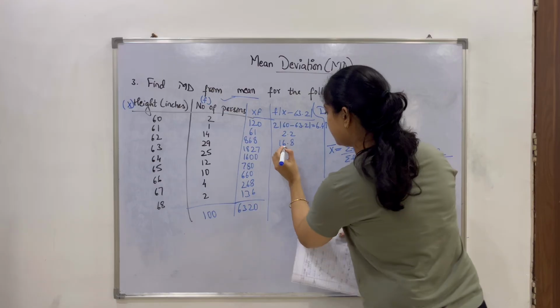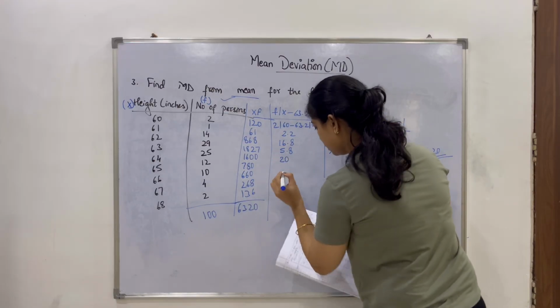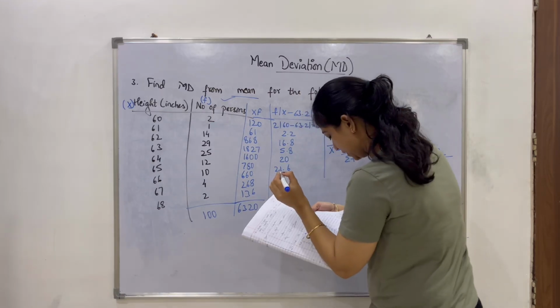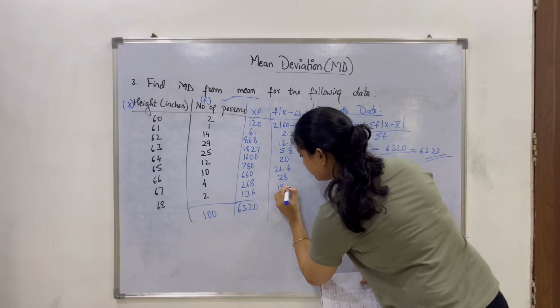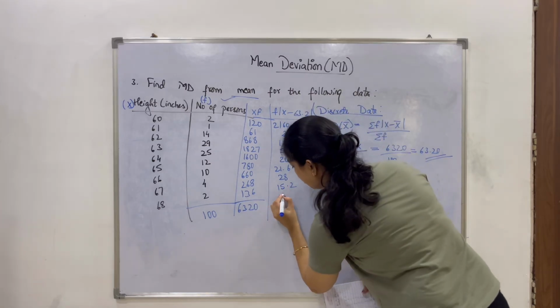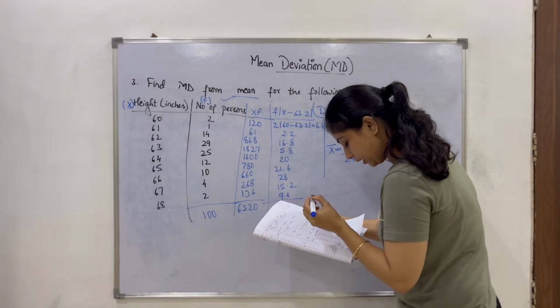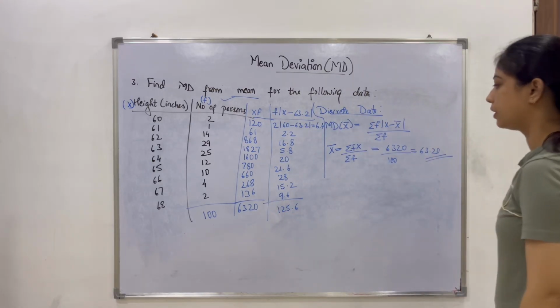16.8, 5.8, 20, 21.6, 28, 15.2 and 9.6. Now let us take the total of this particular column, which is 125.6. Okay.